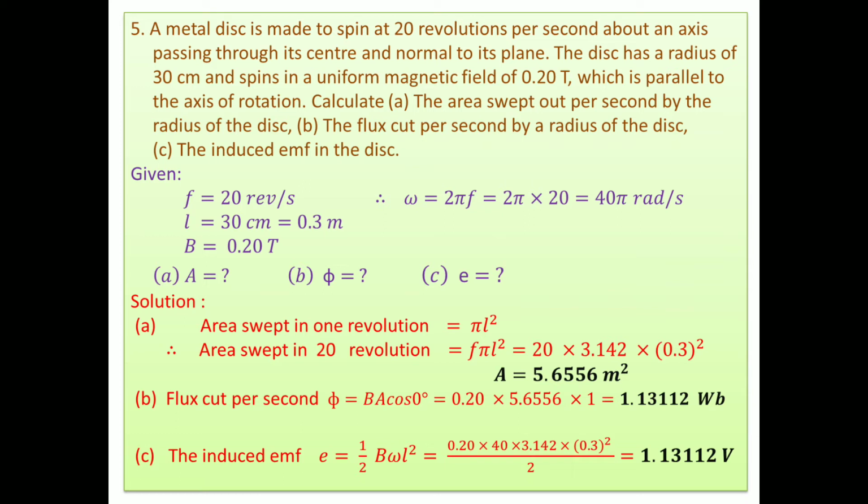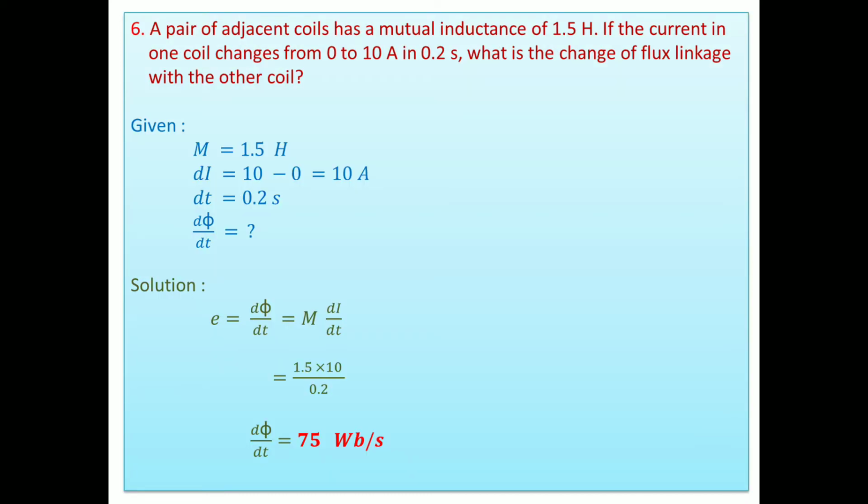So you can take here directly 40 into 3.142 and thereafter 0.3 upon 2, and after calculation you get 1.31311 volt. This is the induced EMF. Directly you can take flux per unit area also. This is the answer.